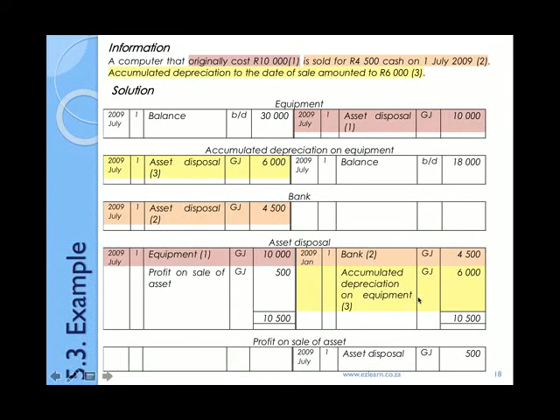This is then transferred to the asset disposal account. You can now see that your equipment and accumulated depreciation accounts have been cleared out. Bank does reflect the amount that you received, and in your asset disposal account, you can now easily work out whether you made a profit or a loss. In this case, a profit on sale of the asset was made because you received more than the carrying value of the asset.